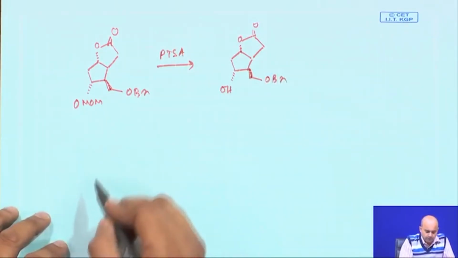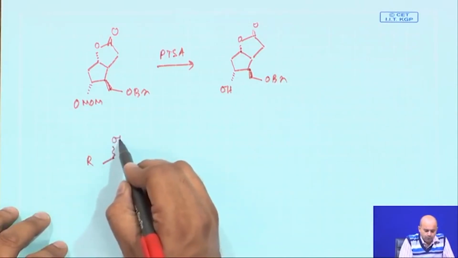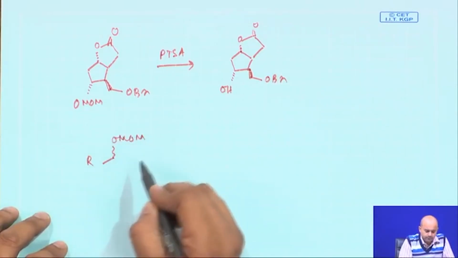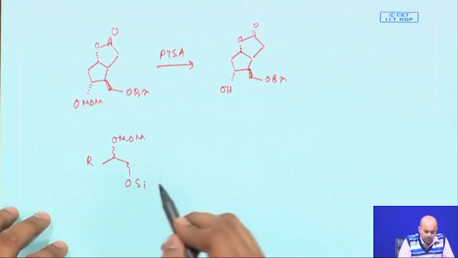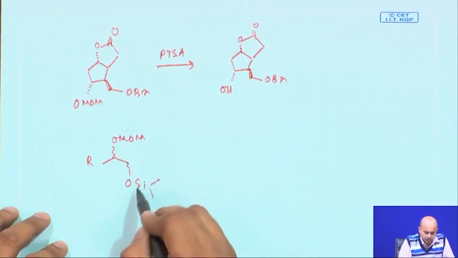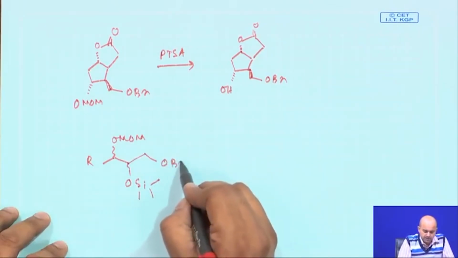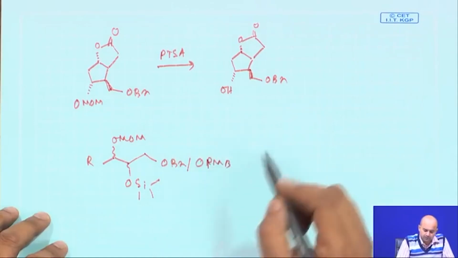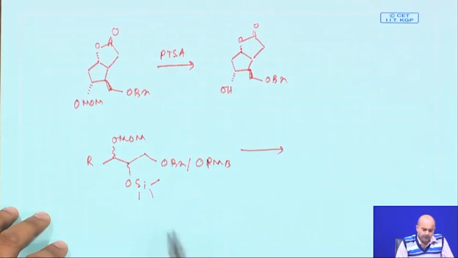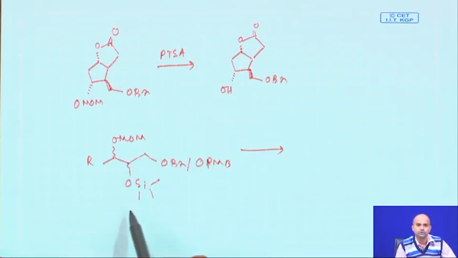Even if your compound has a MOM group, let us say, then a silicon containing group, any silicon containing group, and then a benzyl or PMB containing group, here you have to see whether these three groups are orthogonal to each other or not.